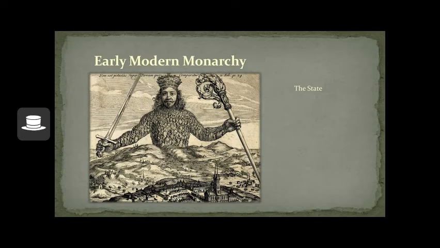Now, there are many different types of states nowadays. Some of them are democracies. Some of them are republics. Some are communists. Some are socialists. Some are whatever. But in the early modern period, the first states were monarchies, sometimes called absolutist monarchies.